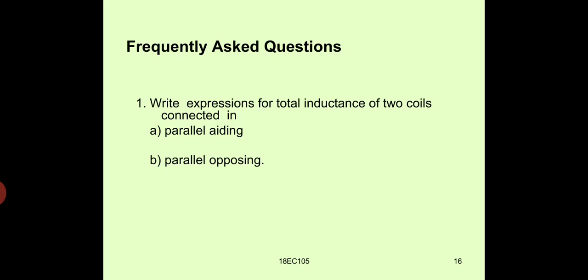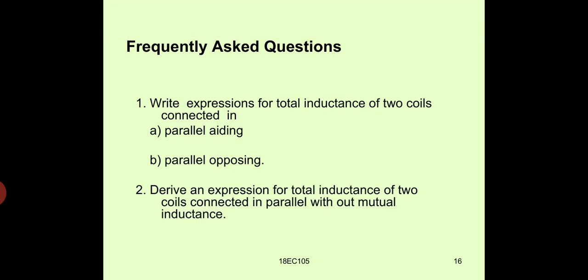Next one, derive an expression for the total inductance of two coils connected in parallel without mutual inductance. So they are connected in parallel without any mutual inductance.